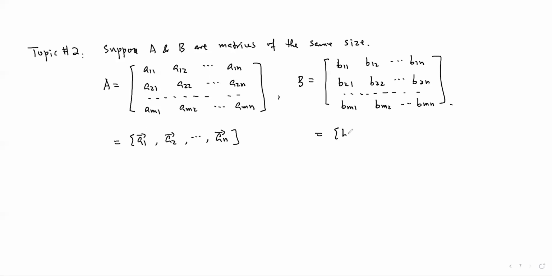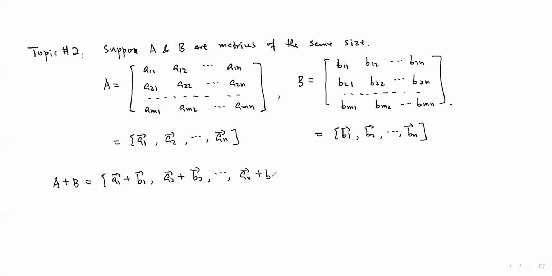B has columns B1, B2, Bn. Now I define A plus B. A plus B is first column plus first column, second column plus second column, and so on.